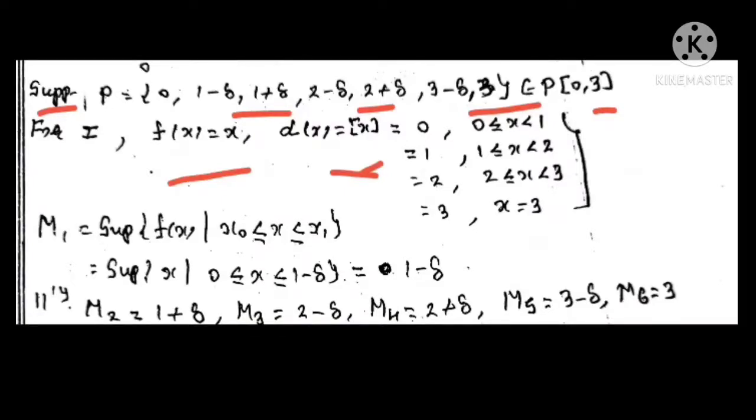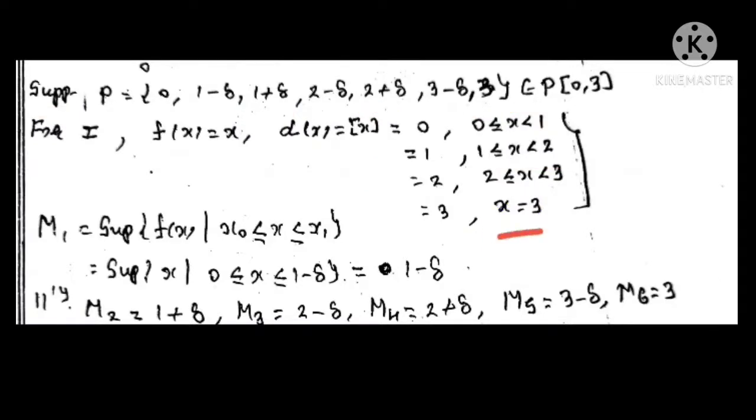Now alpha x is equal to 1 for 1 less or equal to x less than 2. Alpha x is equal to 2 for 2 less or equal to x less than 3, and alpha x is equal to 3 for x is equal to 3.